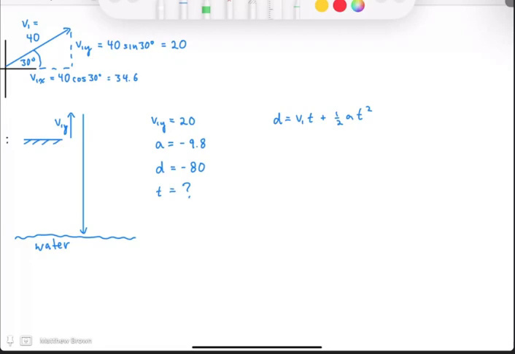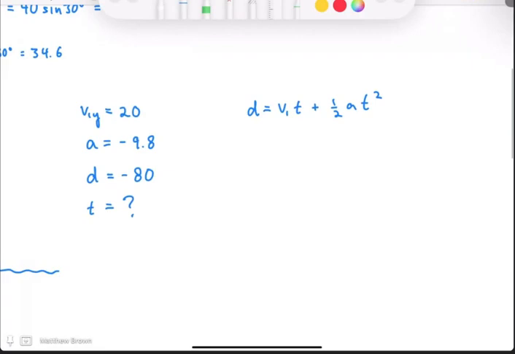So I just have to use this equation once, putting all this information in here, right? So the distance is negative 80, V1 is positive 20, time is what I want, plus, now you could do it, doesn't matter, you could put plus 1 half, the acceleration is negative 9.8, t squared.